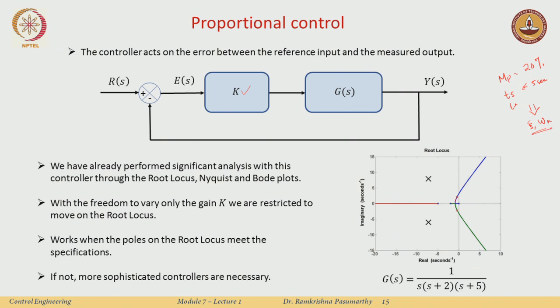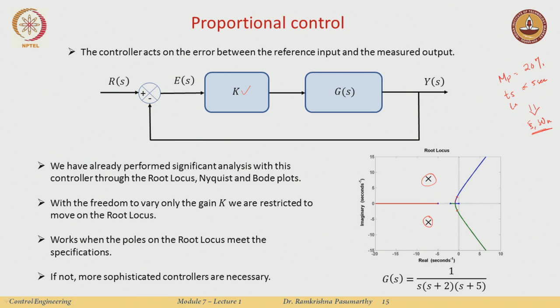But if this zeta and omega n translate to this pair of dominant poles, then no matter whatever I do with my gain, I am never here. So, when does this work? Well, of course, we have the freedom to vary the gain k, which means we are restricted to move on the root locus, and therefore, this works when the poles of the root locus meet this specification.